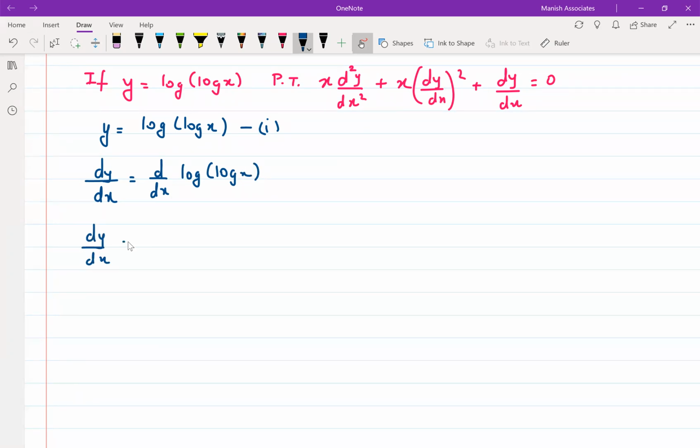Carefully observe, derivative of log u is 1 upon u into d by dx of u, which is nothing but derivative of log x. So dy by dx will be equal to, now derivative of log x is 1 upon x, so 1 upon x into 1 upon log x.